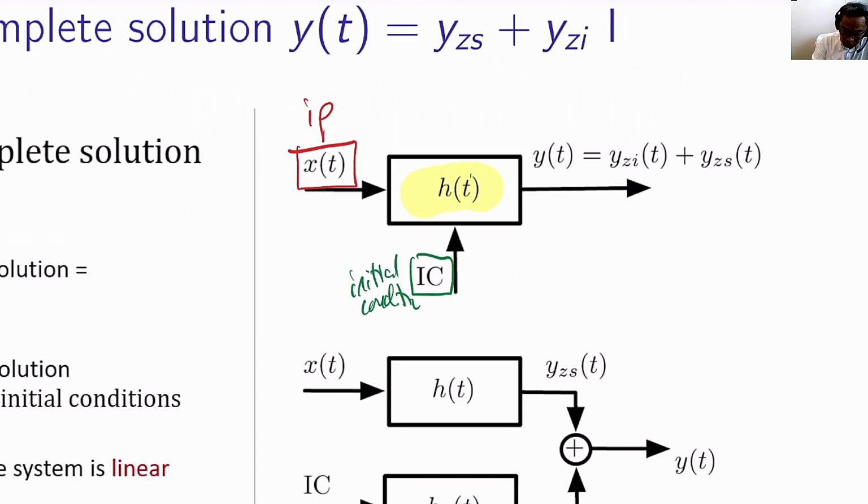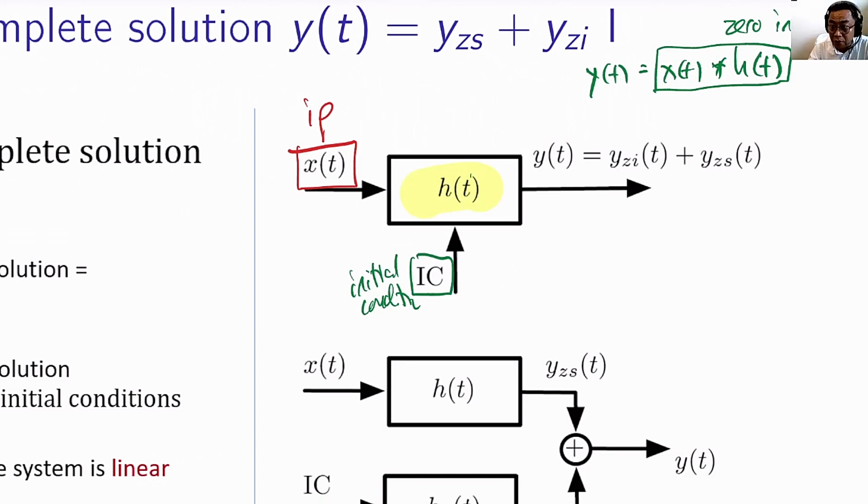Now, we told you that we can convolve y of t equals x of t convolved with h of t, and we can do that only when we have zero initial condition. So this solution happens only when the system has zero initial condition.